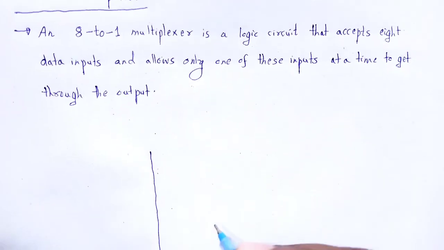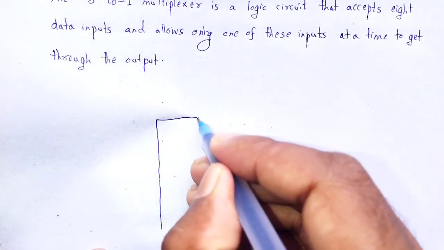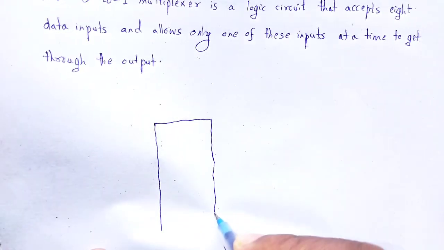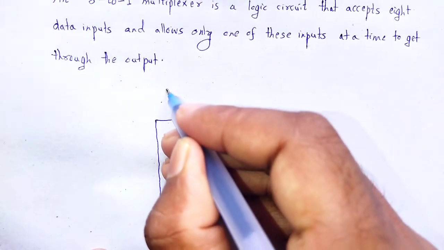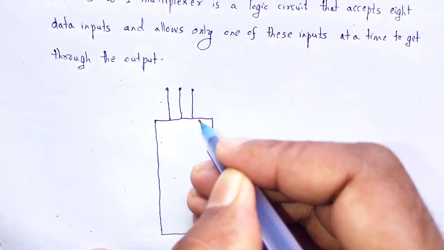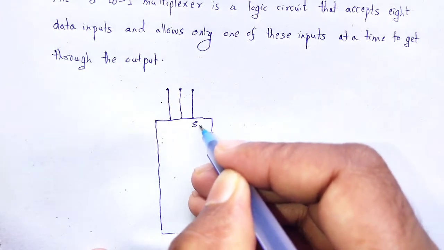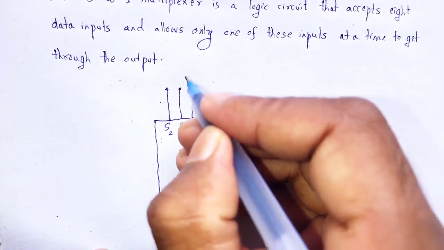For 8 inputs we have to select 3 select signals. Select signal lines are 3, S0, S1, S2. These are the select signals.